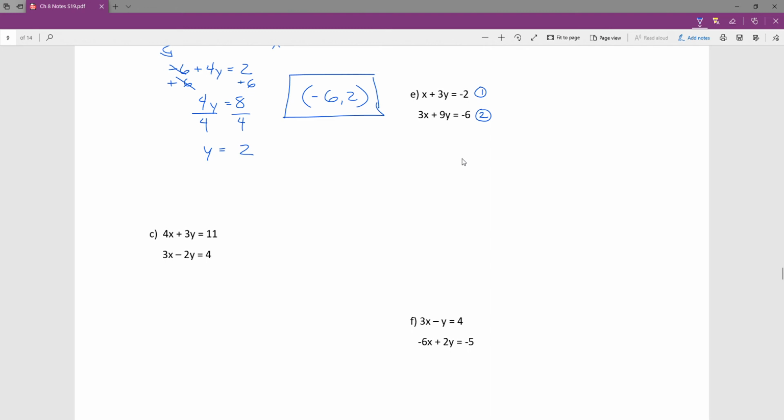Well, here I don't have that, but I do see that I have a 3 and a 9. And so if I want to, I can take this first equation and not just multiply it by 3, but multiply it by -3. And so if I do that, I would write it out as -3x minus 9y equaling a positive 6.